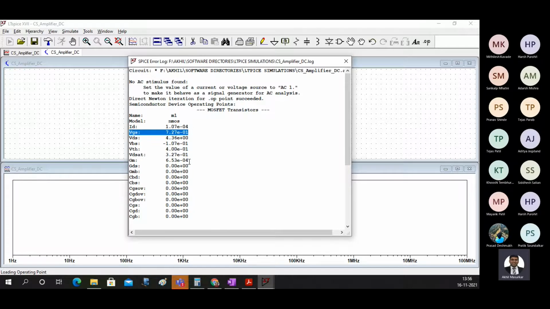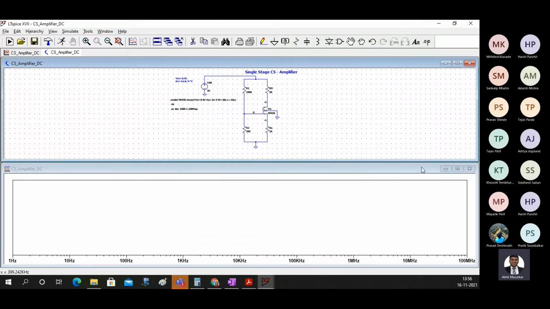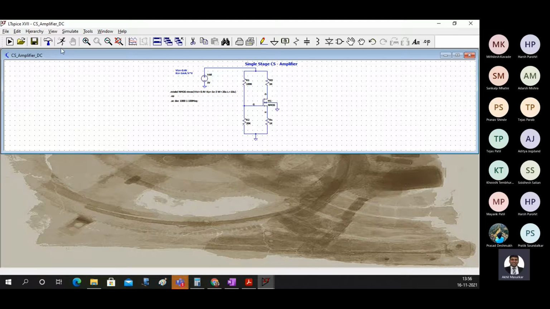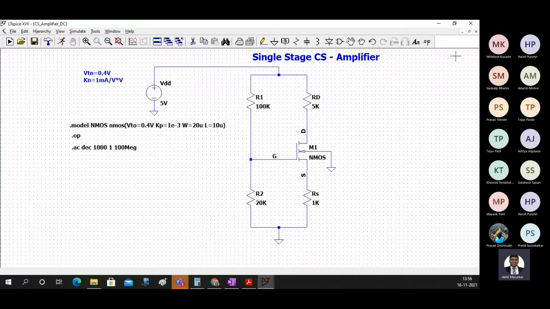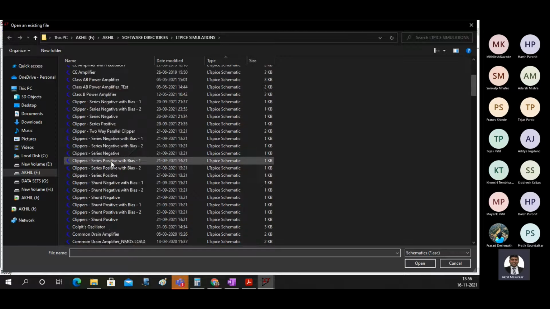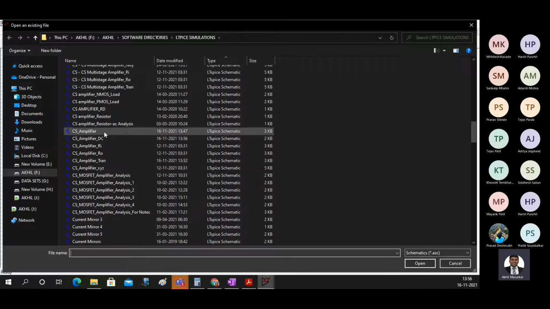Then you can get your gm. You can see here gm is 6.53 and ID is 106 or 107. So this is something that you have to know. I will reiterate on this a little bit later also. For the time being, I am closing this, and let me go back to our CS circuit itself.